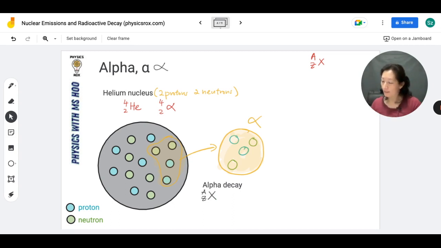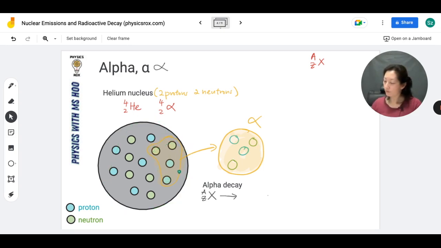So we start off with AZX, and then to show what happens after the decay, we have an arrow over here. What we'll write after the arrow are the products of the decay process. Now, the decay process here has produced two products. We have the alpha particle, and we also have this nucleus here, which has lost 2 protons and 2 neutrons.